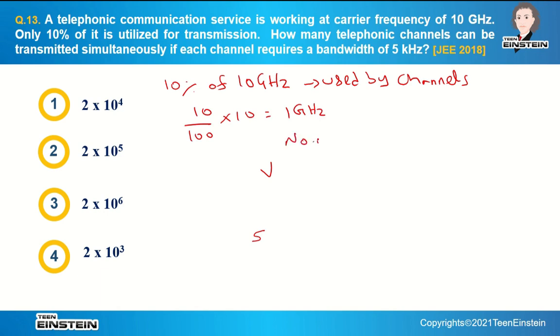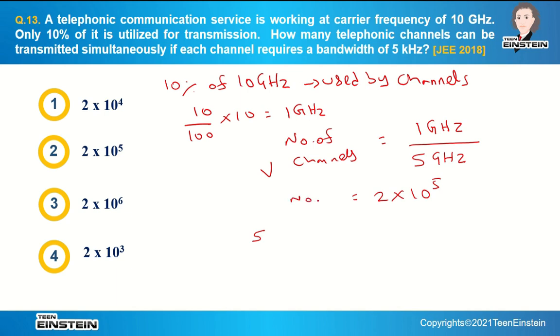So the number of channels will be 1 gigahertz, that is the frequency which is used for transmission, divided by how much they require, 5 kilohertz. If you solve this, you will get 2 into 10 power 5.